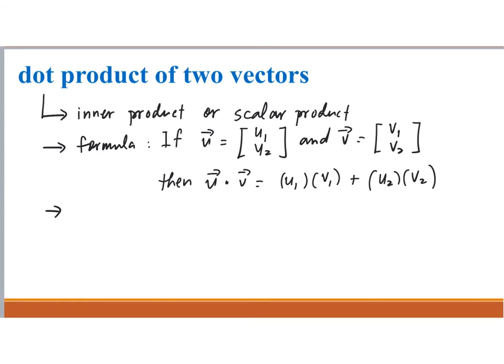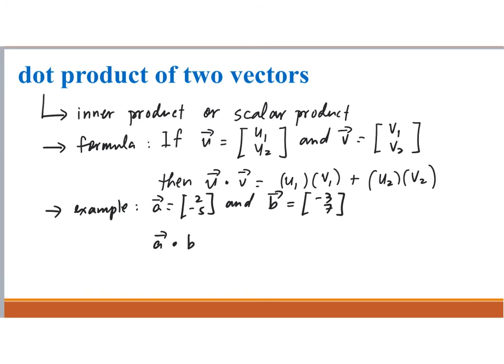So for example, if you have two vectors, a and b, where a is, say, (2, -5), and b is (-3, 7), then the dot product a dot b would just be 2 times -3 plus -5 times 7.